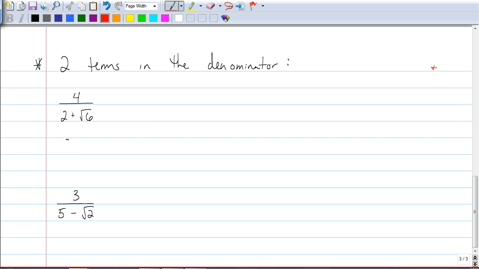So in order to rationalize the denominator here, you're going to multiply the top and bottom by the conjugate.